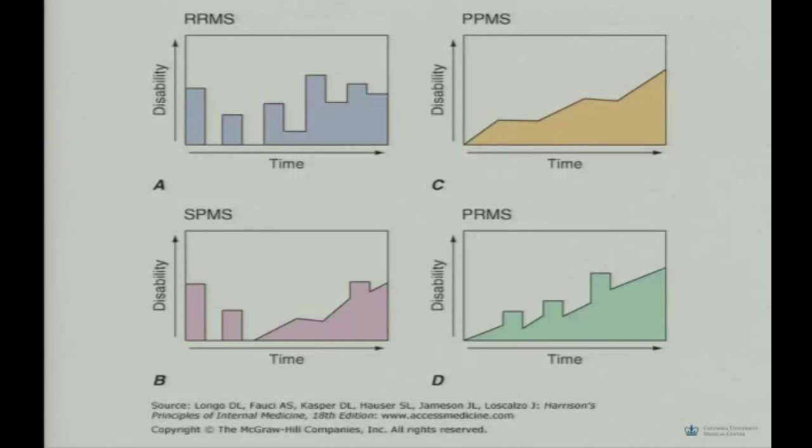There's something called secondary progressive, which just means that initially you look just like the relapsing or remitting patients, and then eventually you turn into a progressive patient. And then with progressive relapsing, it's sort of a hybrid, where you have this progression with superimposed relapses and remissions on top of it.